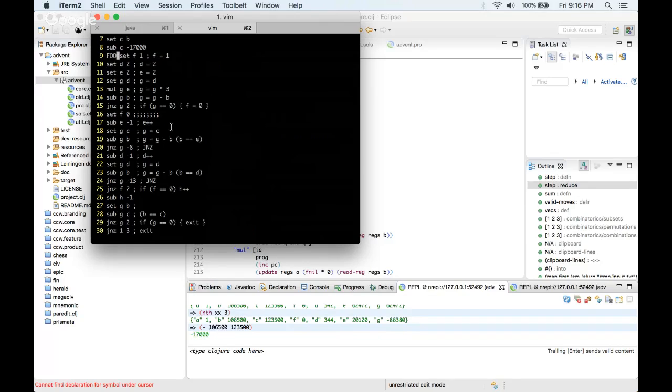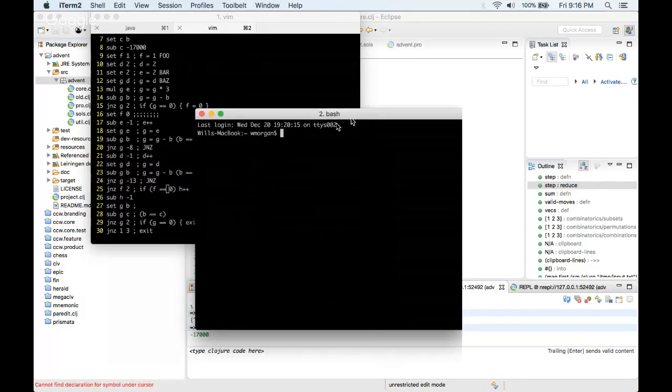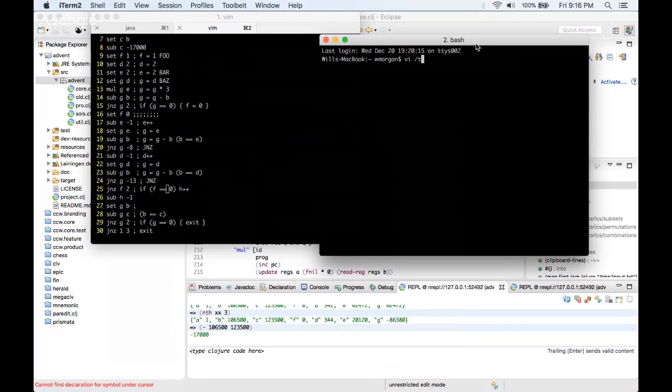Foo, program bar, and this point of the program Baz. Okay. Let me open up another terminal here. Try to translate this into.